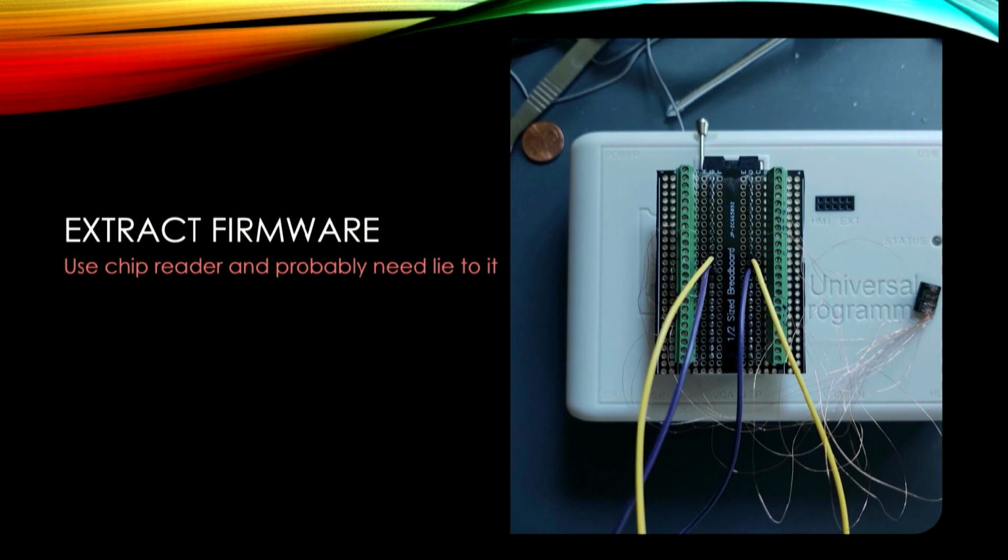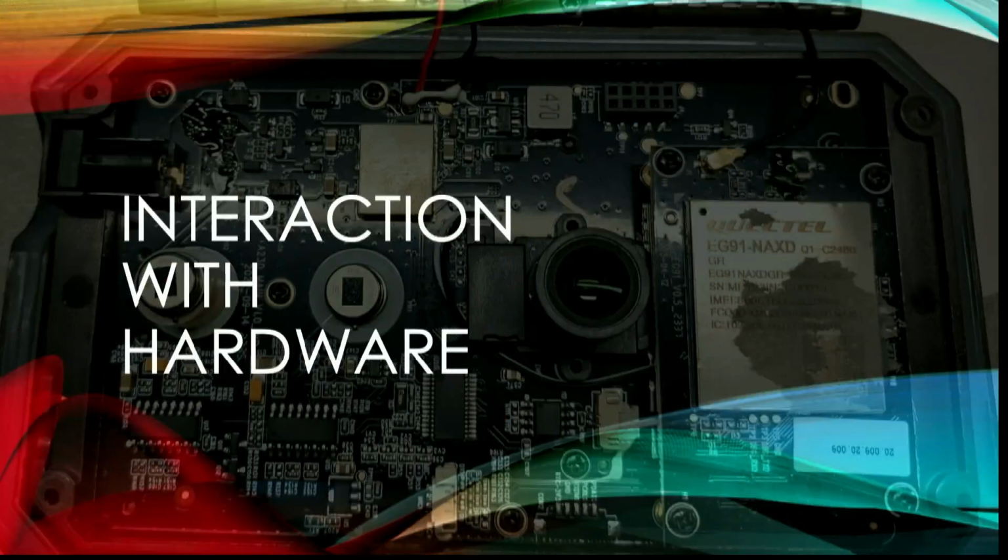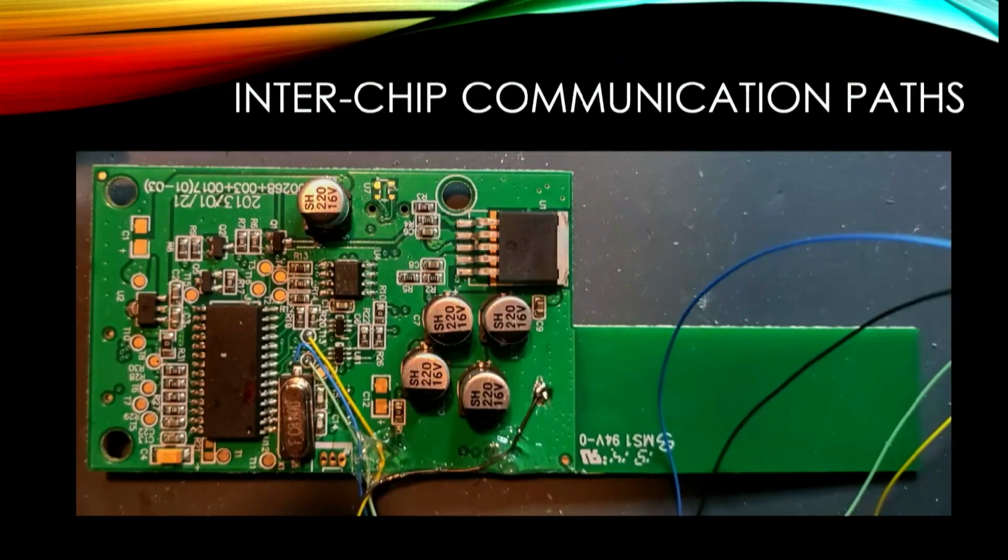So, extracted firmware, interacting with hardware. We're going to dig into this a little bit. This is not this particular device, but I wanted to share this approach. It will work on any kind of hardware you're messing with. We have this device with multi-layer boards, but at least two layers have visible components on them.